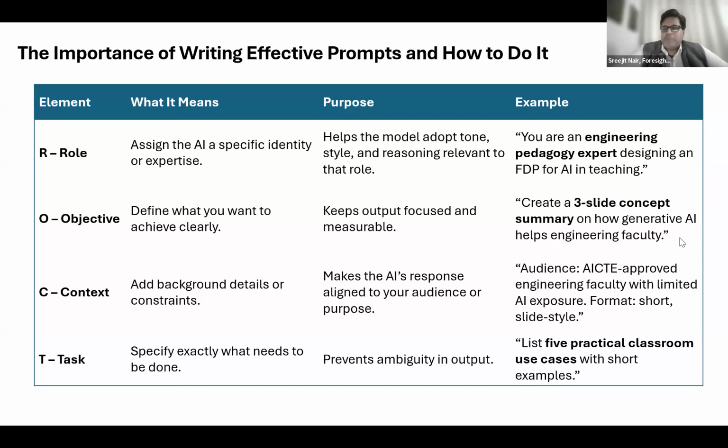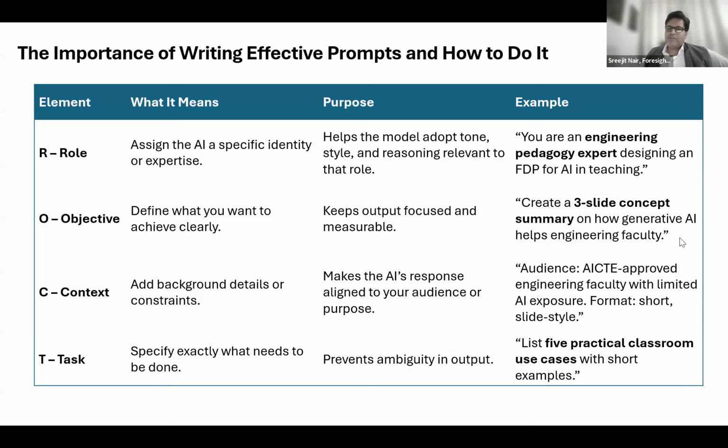Say your prompt can start with: you are an engineering pedagogy expert designing an FDP for AI in teaching. So just assume that the AI is a pedagogy expert first, and then say what you are expecting: creating faculty development programs for AI in teaching. So you are giving it a role.